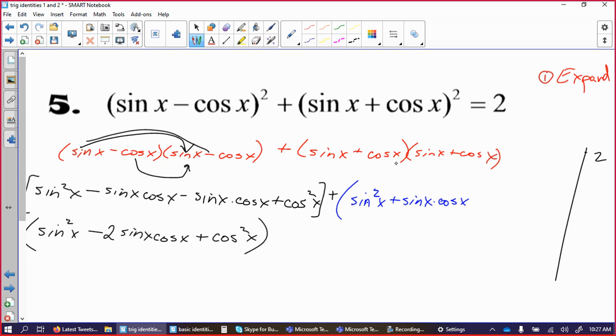Cos times sine is also sine x cos x. Well, that line was so not straight up and down. And cos times cos is cos squared x.